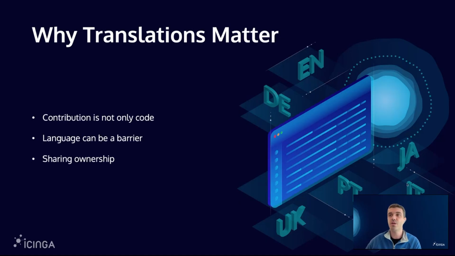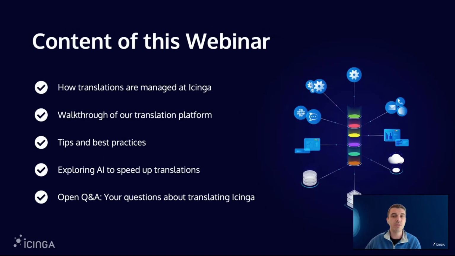In today's webinar, we will cover different topics alongside. We will have a look at how translations are managed at Icinga. We will see a walkthrough of our translation platform, which we use to manage those translations. We will hear a couple of tips and best practices on how to use it.